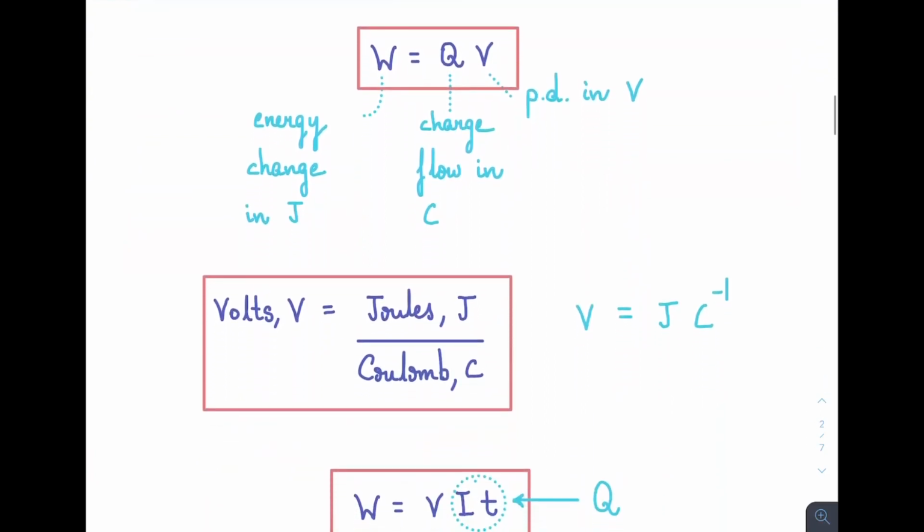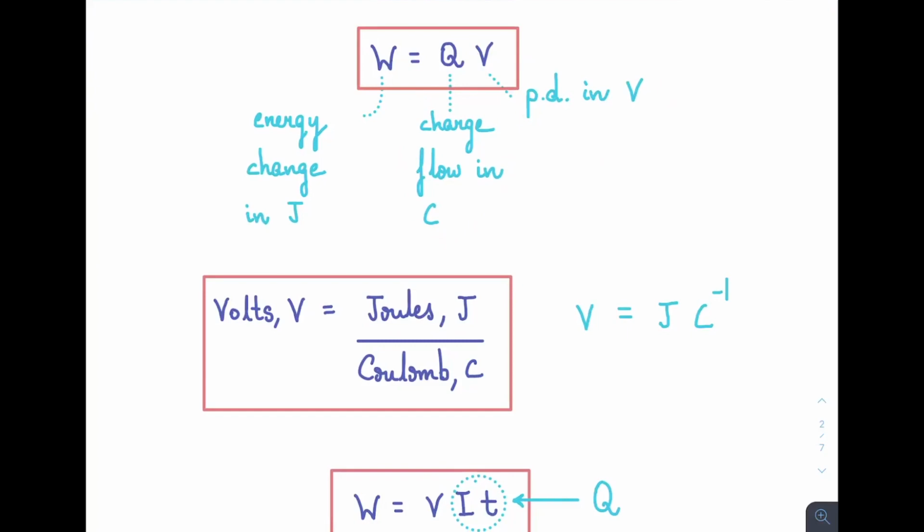If a charge Q flows through part of a circuit across which the PD is V, then the energy change W is given by W is equal to QV, where W represents the energy change in joules, Q is the flow of charge in coulombs, whereas V is the PD in volts.